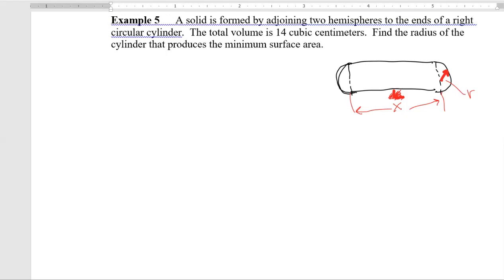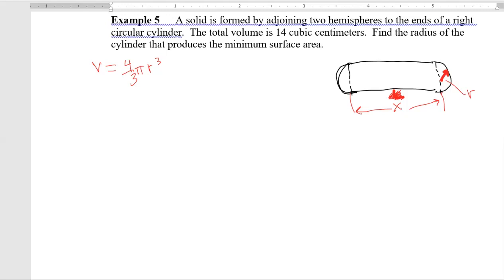And we're trying to, okay, total volume is 14. So let's look at the volume of this object. Two hemispheres make a sphere, so we need the volume of that sphere, which is 4/3 pi r cubed.